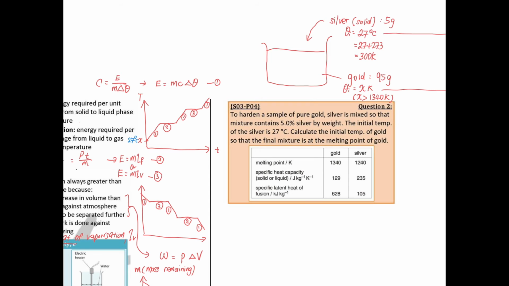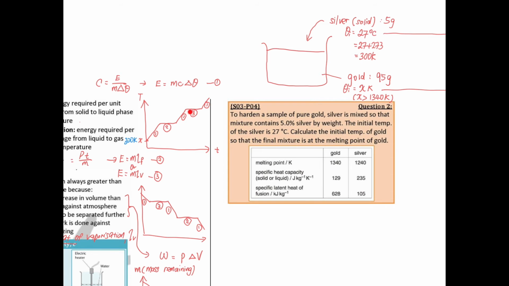Okay, let's come back to silver again. 27 degrees Celsius or 300 Kelvin. So let's use Kelvin all the way. So I changed my mind. Use Kelvin. 300 Kelvin. So the silver is heated up by the gold. So we heat it up to 1340.